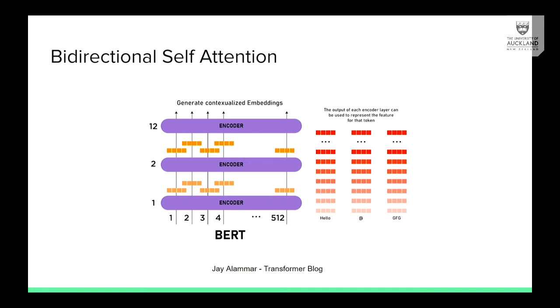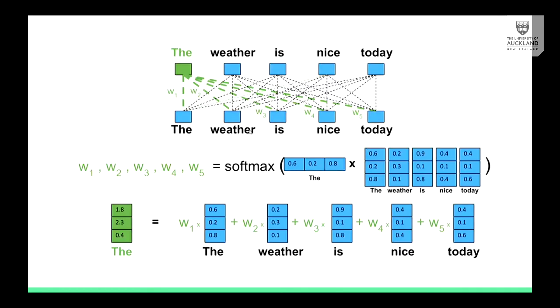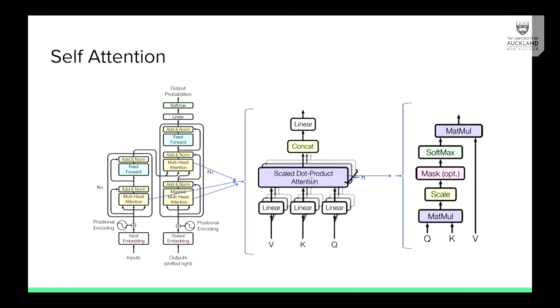The only difference in BERT or transformers is that their attention is bidirectional. If you take this word, the representation of this vector is transformed to here, which means you have a bunch of these kinds of operations happening.